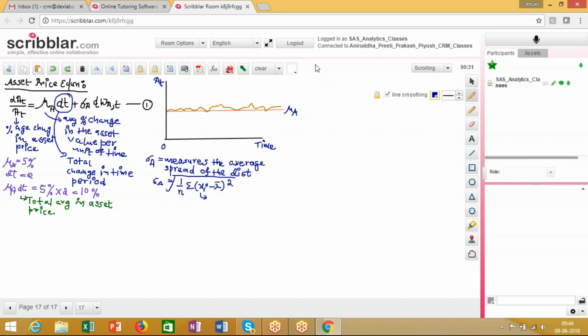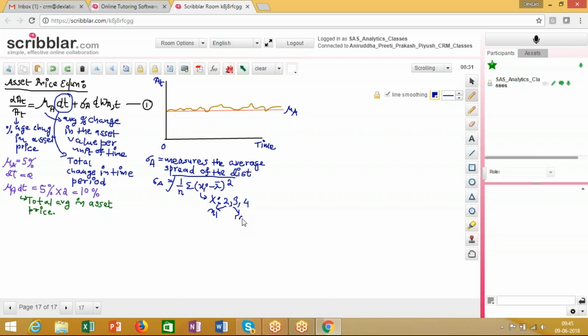So for example, I have a variable x like this, which contains values 2, 3, 4, like this. So this is something which I can call x1 in the general form, the first value that the variable x takes.